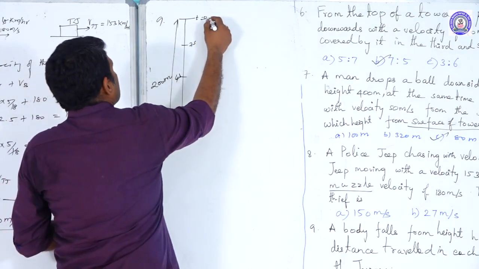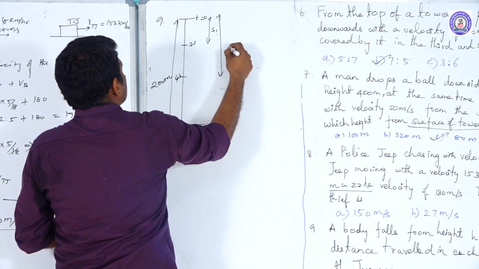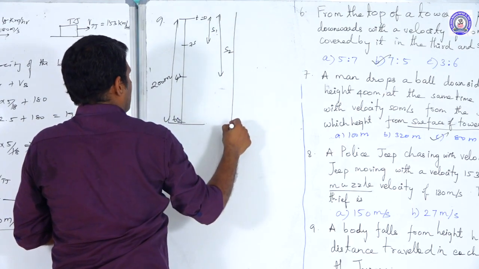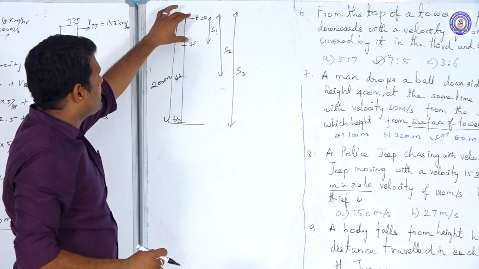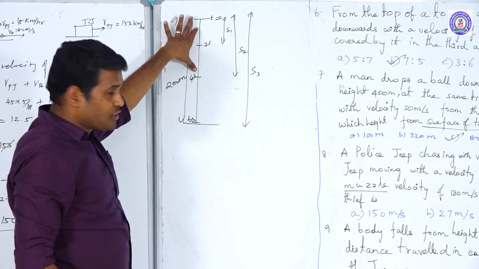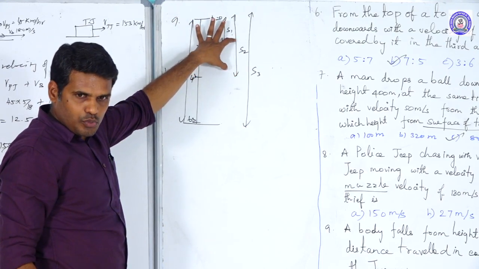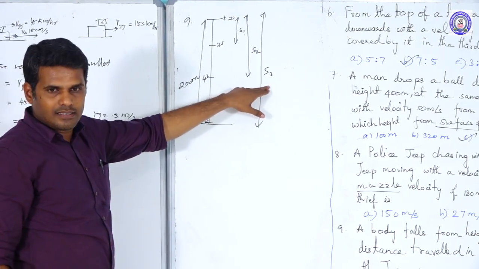So I can consider this distance traveled as S1 and this distance traveled as S2 and this distance traveled as S3. In the first 2 seconds, the distance traveled is S1. In the first 4 seconds, distance traveled is S2. In the 6 seconds, distance traveled is S3.